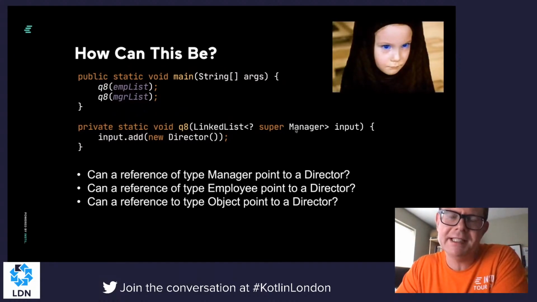Well, we know that T is either manager, employee, or object. So can a reference of type object point to a director? Yes. Can a reference of type employee point to a director? Yes. Can a reference of type manager point to a director? Yes, so we're all good. For all 3 possible values of T, it'll work, so we can allow the adding of a director to the linked list.